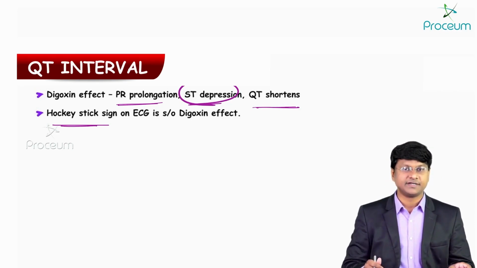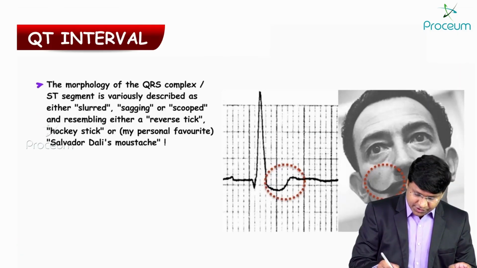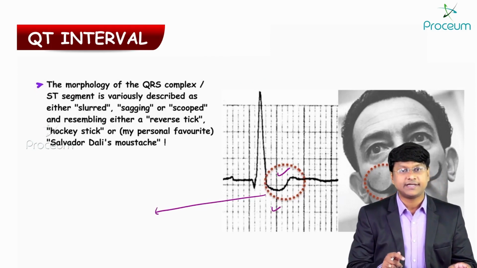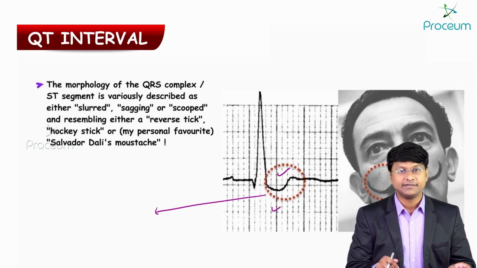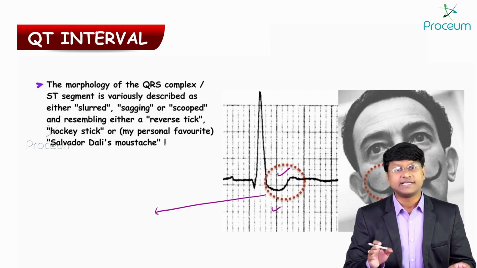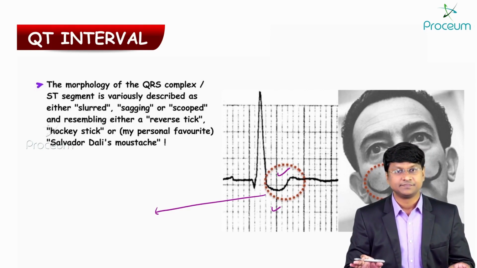And let me show you those particular ECG changes. This is your classical ST segment depression. This is nothing but your inverted mustache sign, or we call it the hockey stick sign within the ECG.